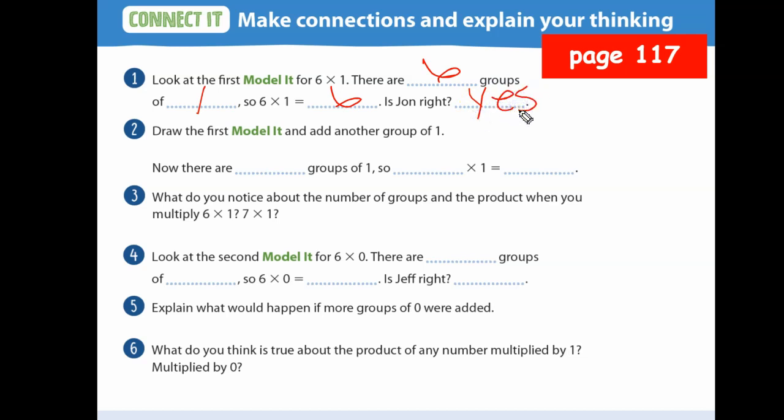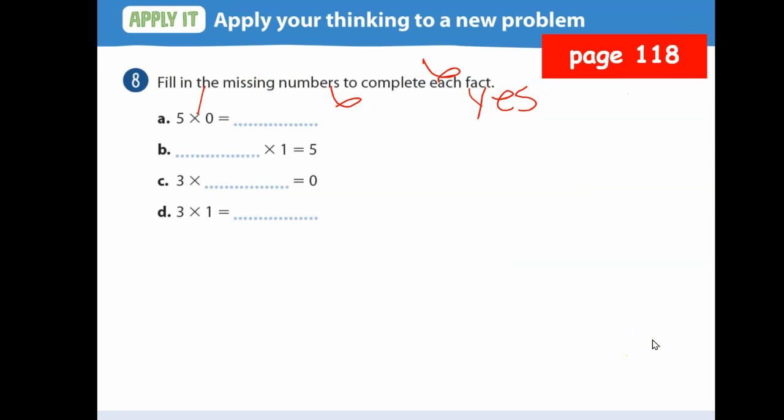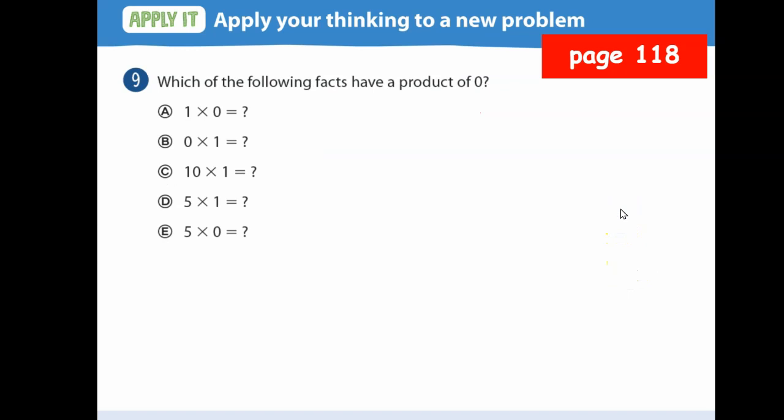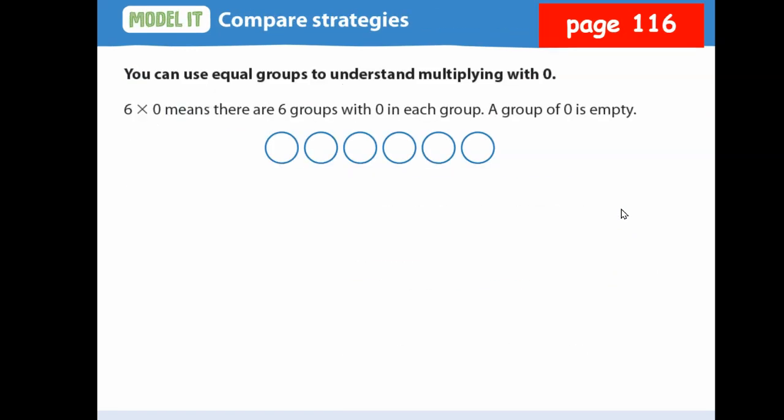Okay. It says draw the first model and add another group of 1. So let's go back to this. Oops, wrong one.